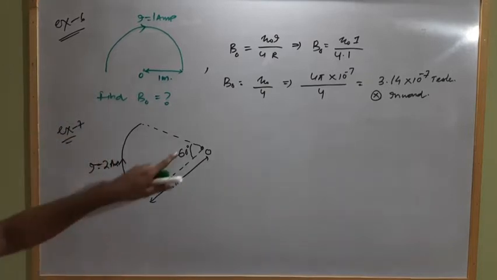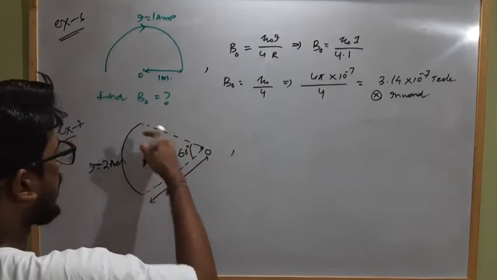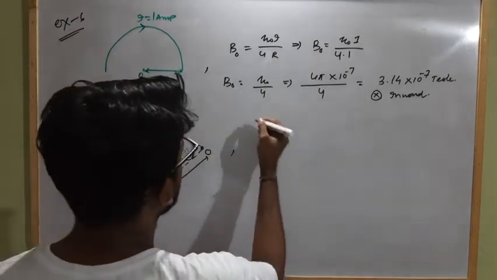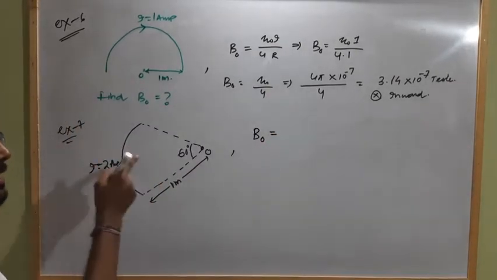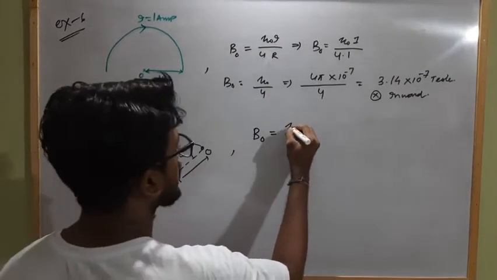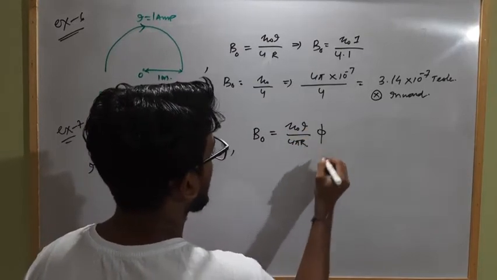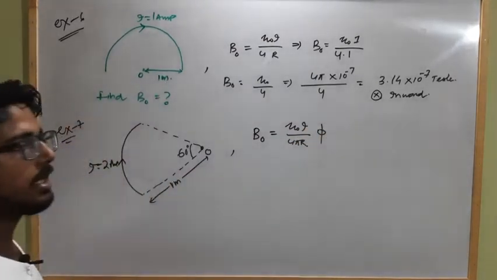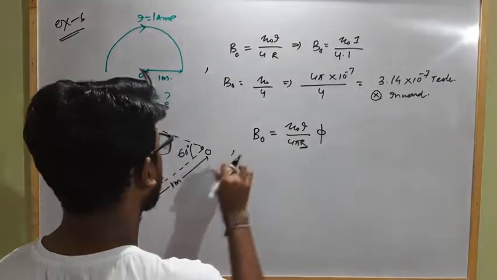Find the net magnetic field strength at point O. As this is a circular arc which makes an angle 60 degree, we know the magnetic field strength B naught due to any circular arc at the center will be mu naught I by 4 pi r into phi. Phi is the angle made by the circular arc at the center, r is the radius of the circular arc, and I is the value of current flowing through the circular arc.